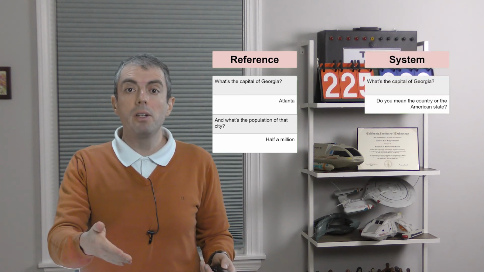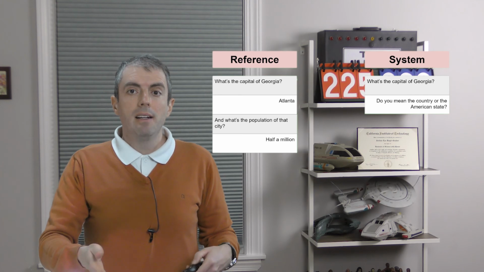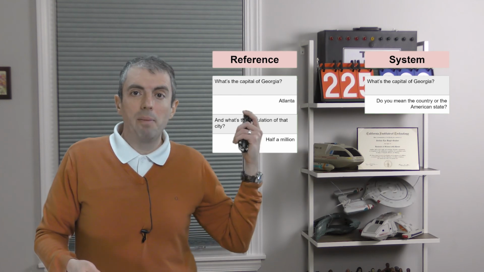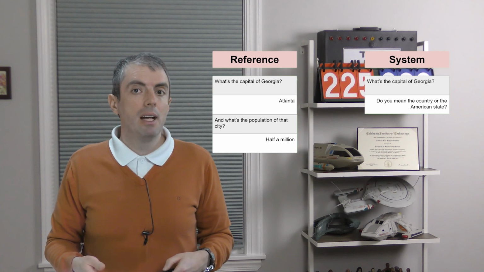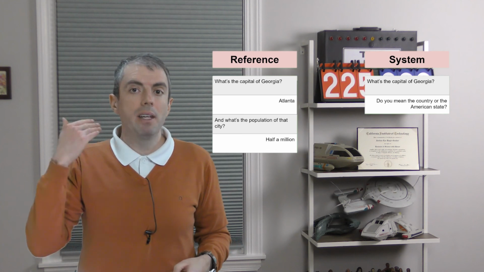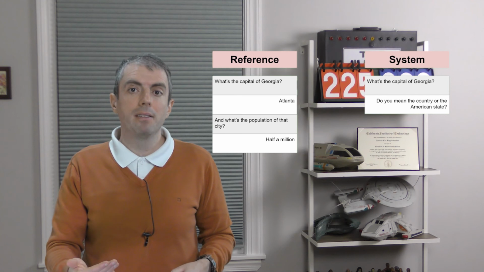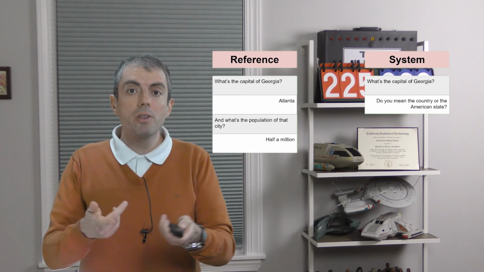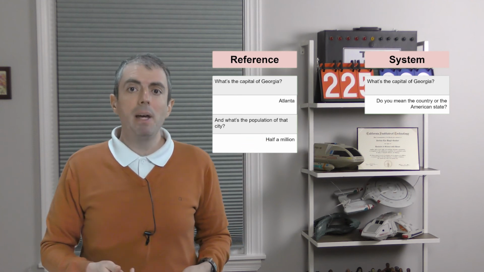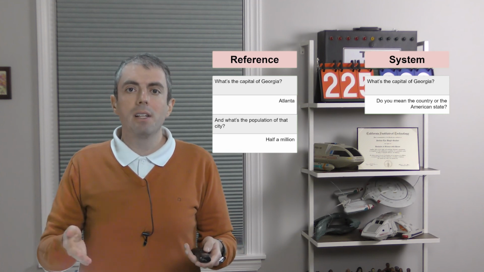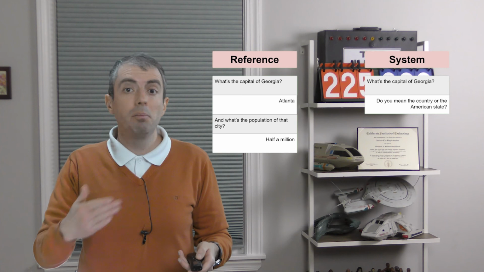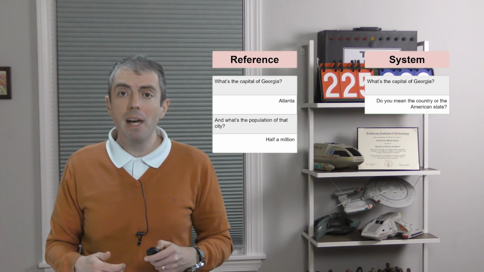Let's say that we generated the reference data in a way that was quite a bit worse than what an optimal conversation partner would do. Let's say that your system does something much better than the reference. For example, it asks which Georgia you meant. That's even better, but how do you know? Just because you do the conversation a little differently than the reference doesn't mean that it's wrong. In this case, it's much better.